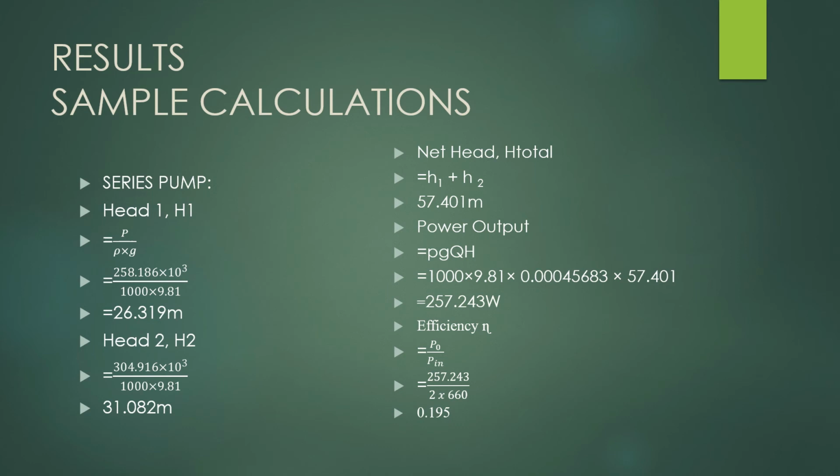So H1 is equal to 26.319 meter and H2 is equal to 31.082 meter, which equals 57.401 meter. Then we have to find the power output also, which we get is 257.243 watts. And then the efficiency, we get 0.195.